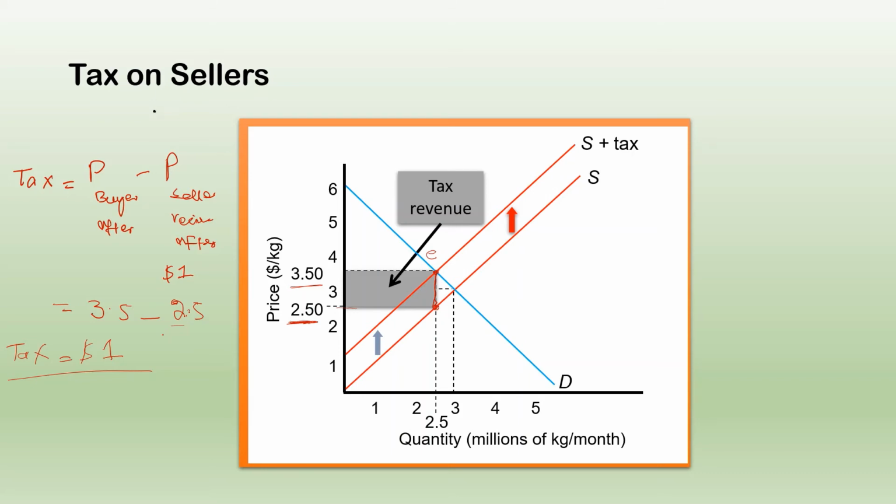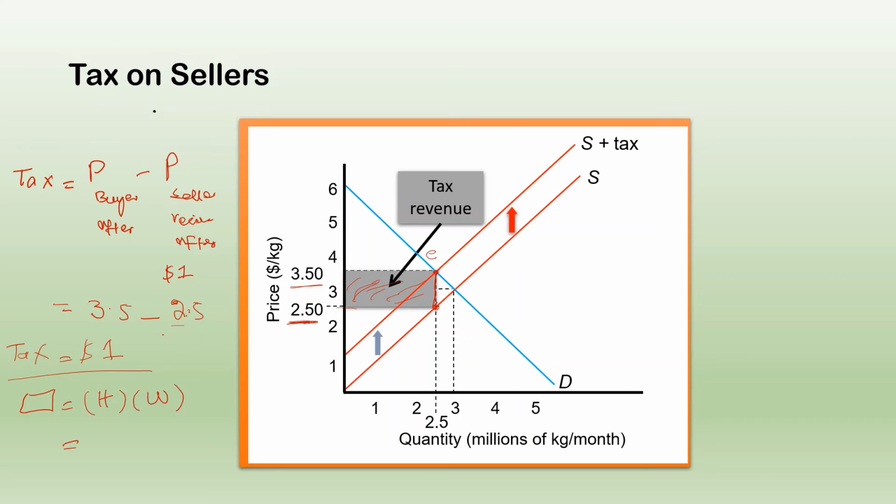Okay, so now comes the turn for tax revenues, that is, how can we calculate the tax revenue. Tax revenue is basically the area of this gray rectangle, and for a rectangle, you know how we find the area: it is the product of the height of the rectangle and the width of the rectangle.